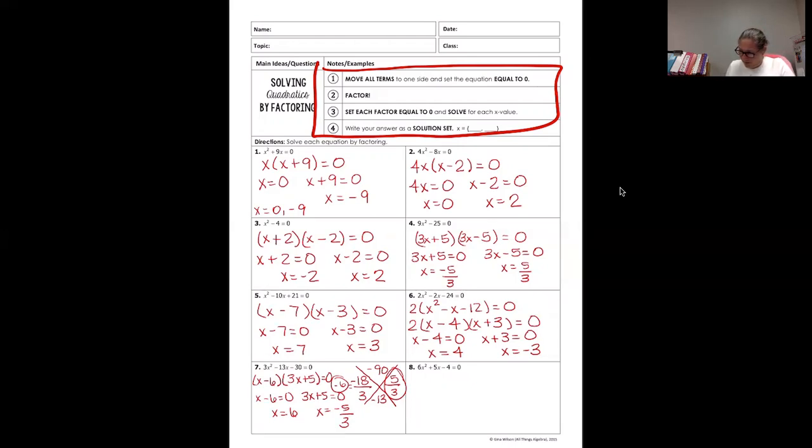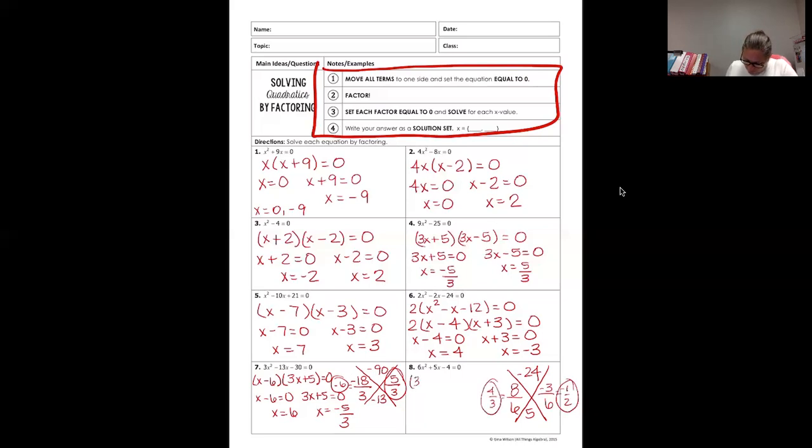We have another x for number 8 because we do not have a greatest common factor. We have negative 24 and 5 in division by 6. What multiplies to give us negative 24 and combines to give us 5 is 8 and negative 3. That reduces to negative 1/2 and 4/3.